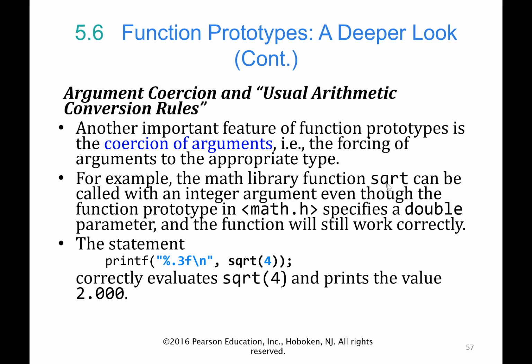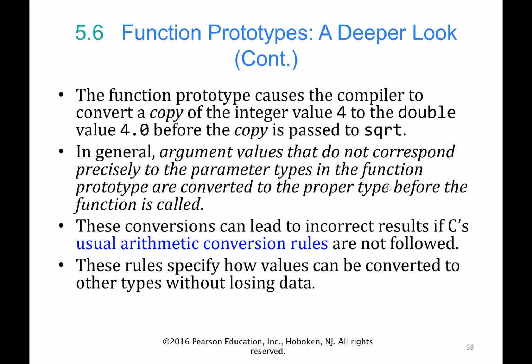Some conversions are done automatically, some are not. You just have to be careful. The function prototype causes the compiler to convert a copy of the integer to a double before it goes to the function. So in this particular case, that's perfectly fine.